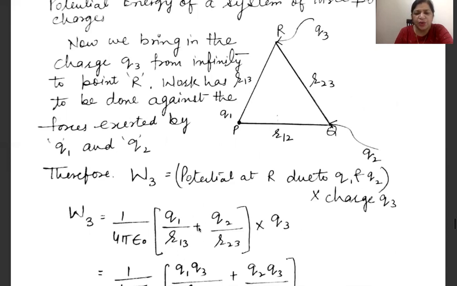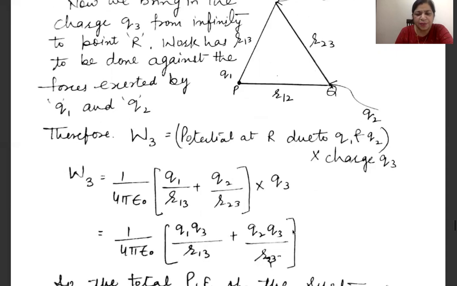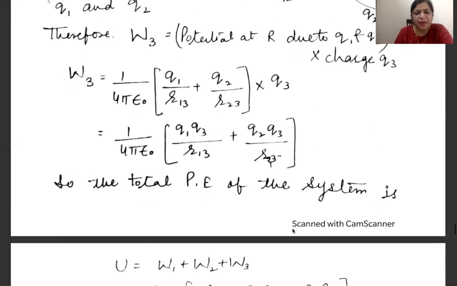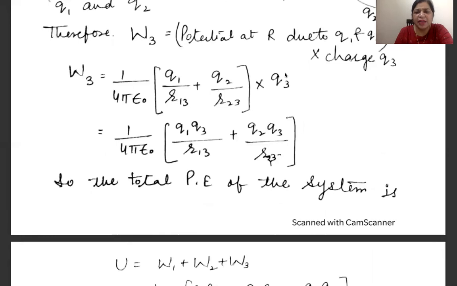So we can take 1 by 4 pi epsilon naught common: Q1 divided by R13, as this is the distance, and the contribution of charge Q2, 1 by 4 pi epsilon naught Q2 divided by R23 because this is the separation, into Q3. Multiplying Q3 with these two terms, you will have Q1 Q3 divided by R13 plus Q2 Q3 divided by R23.